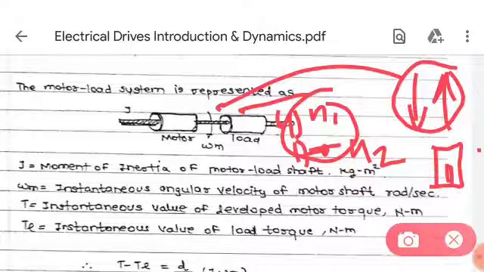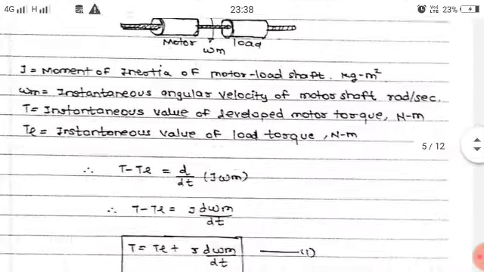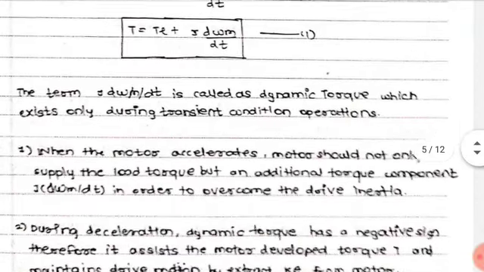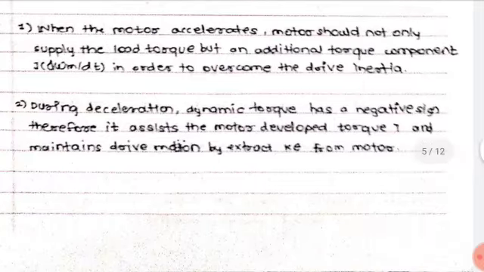The analogies of these mechanical systems are similar to electrical systems, so that those can be easily understood. I have explained many things, so I will just go through the points so that nothing is missed out.